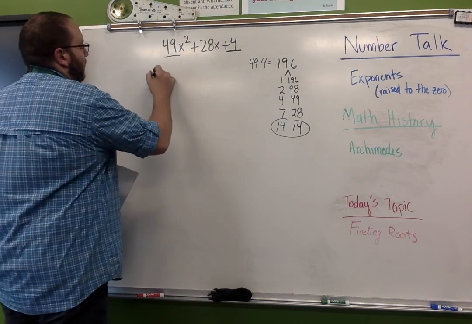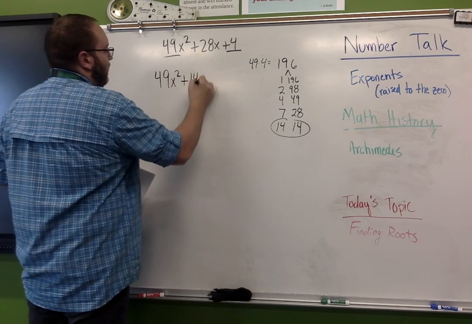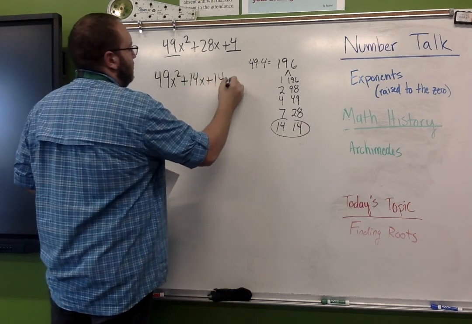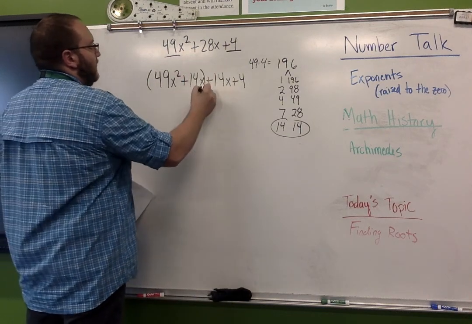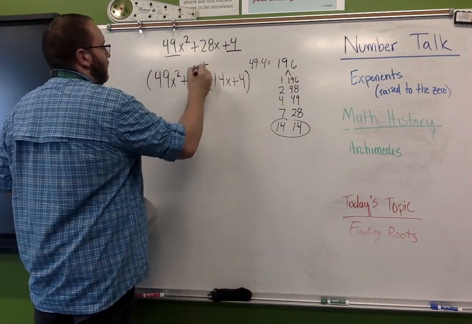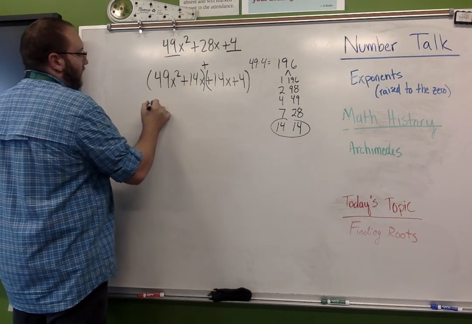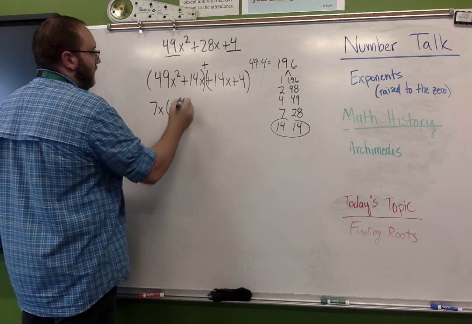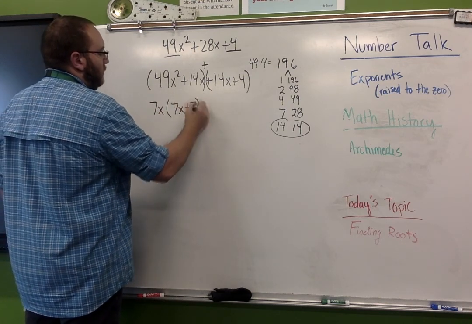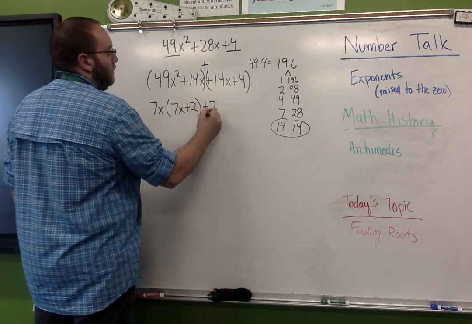So I'm going to rewrite the middle term. Plus 14x, plus 14x, plus 4. Group the first two and last two terms. Greatest common factor, 7x. So what we have left over is 7x plus 2. Here, greatest common factor is 2.